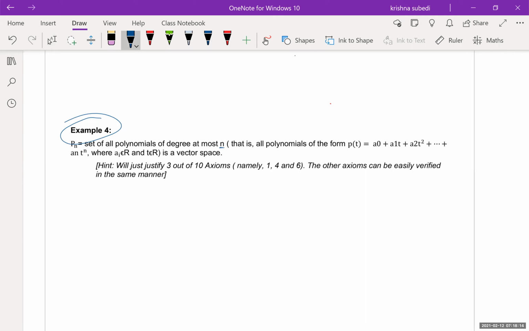You know the polynomial, right? Polynomial means you have learned that in high school. Let's say y equals, let's say, 5x to the power 4 plus 3x cubed plus 2x minus 1. These kinds of functions, these kinds of equations are called polynomial. This one is a polynomial of degree 4.